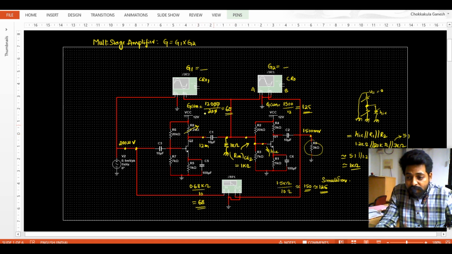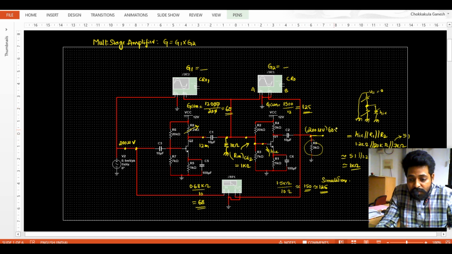So now I can say the overall output is 200 micro volts as the input, which is amplified up to here by almost 60 times, and again amplified up to here by 125 times.